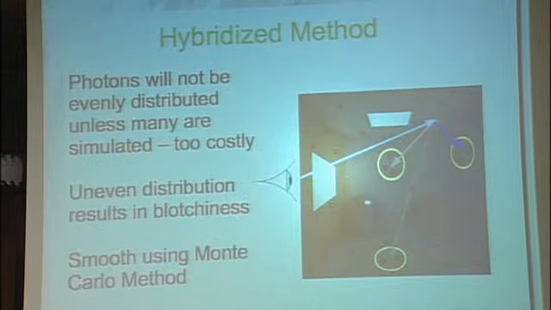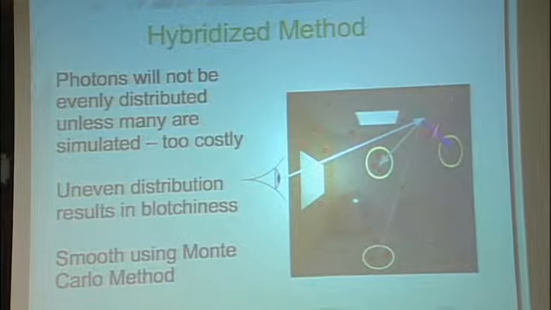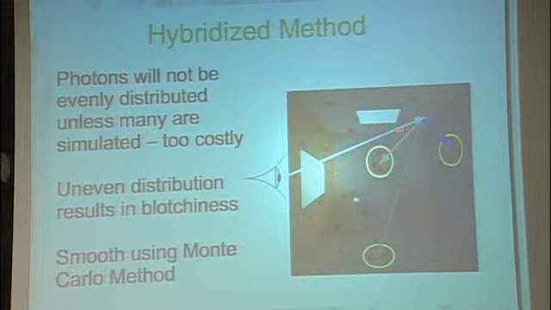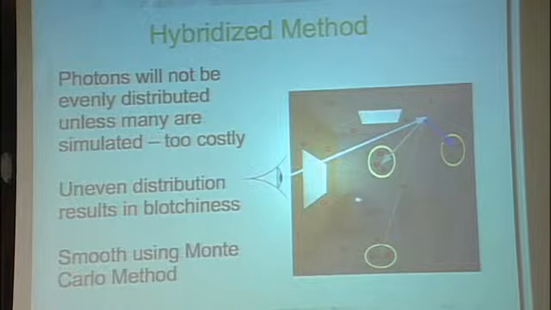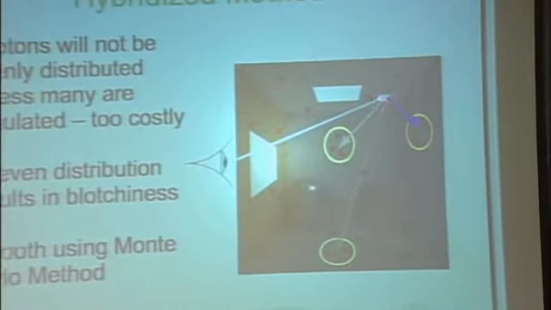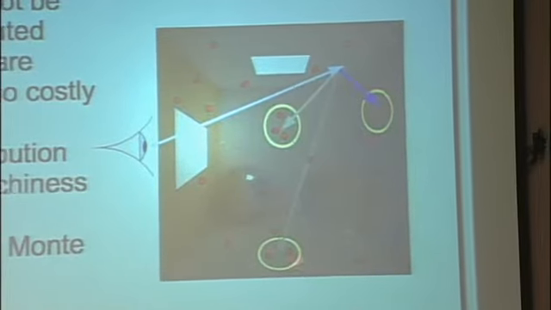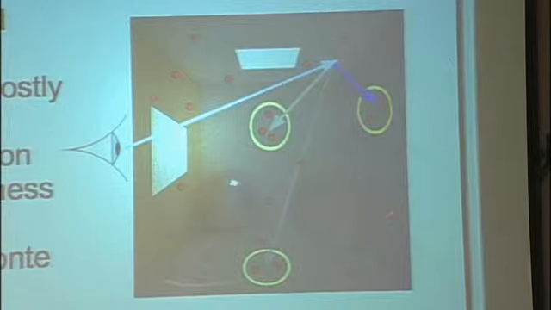So what you can do is you can hybridize forwards ray tracing and the Monte Carlo method. So you construct your photon map, which is represented in this image by all the red dots scattered everywhere, and then you do backwards ray tracing. Then when you reach a point, you randomly sample different reflection rays and average their luminance to get the illuminance at this point.